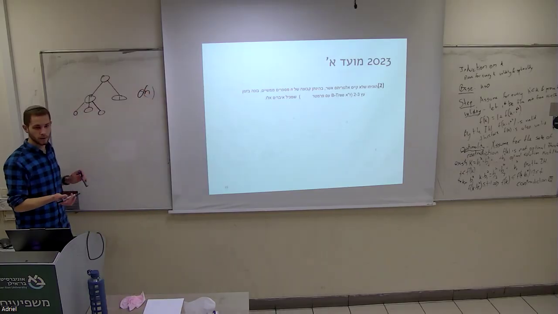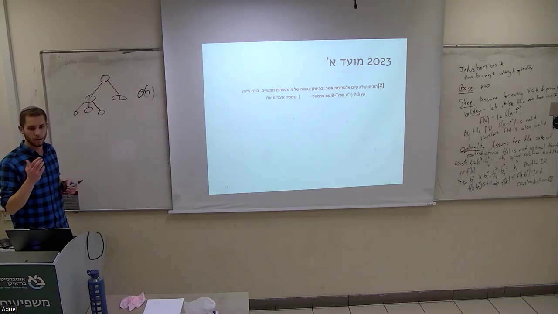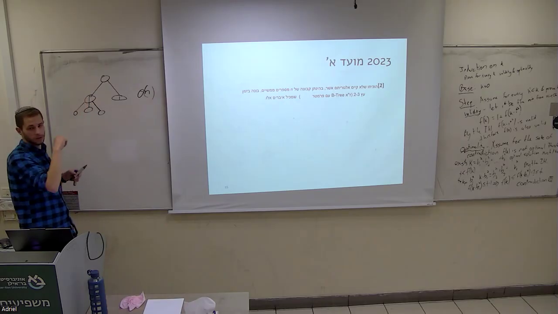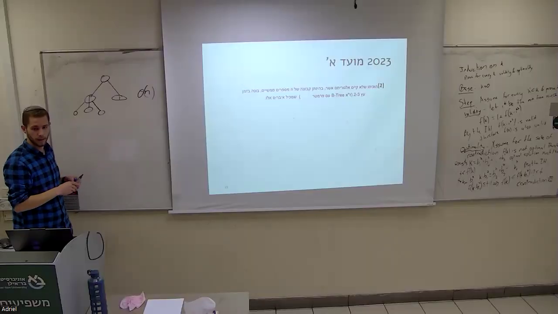And once we have the tree, we can do an in-order traversal. We know that any search tree, well, we proved it for binary search trees, but it's for any search tree, if you do an in-order traversal, you print the elements in a sorted manner.